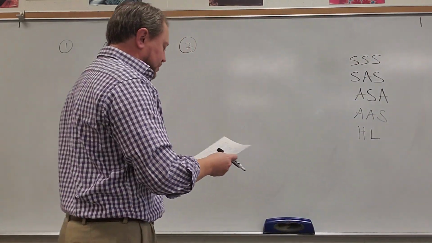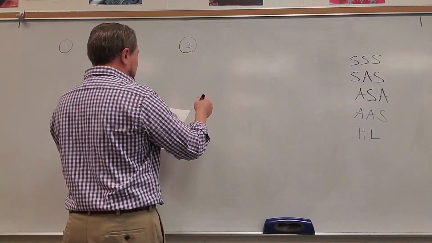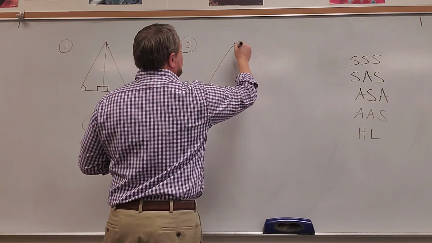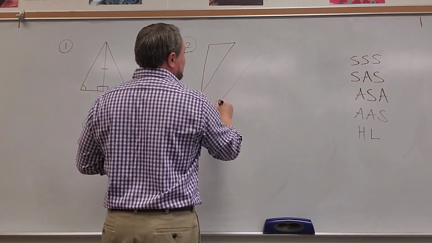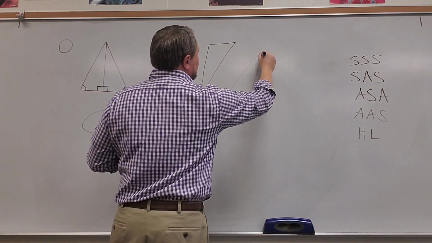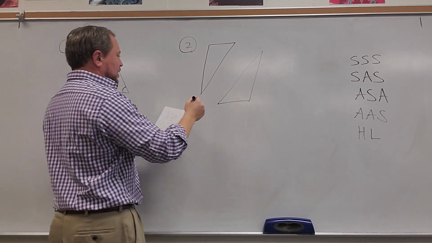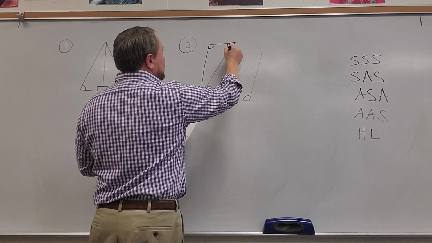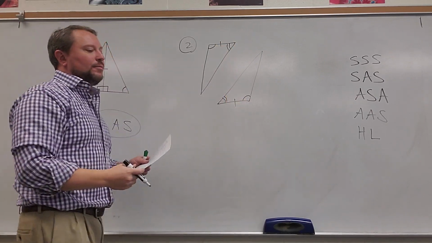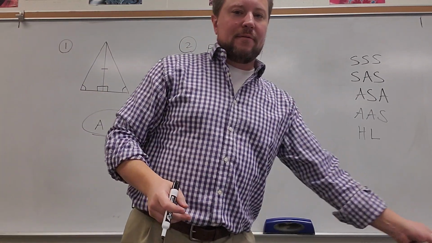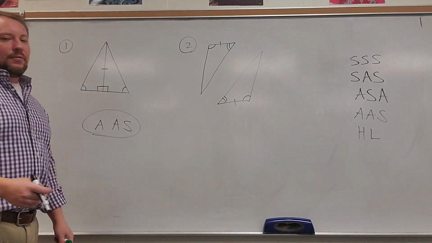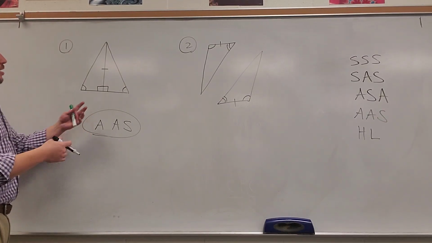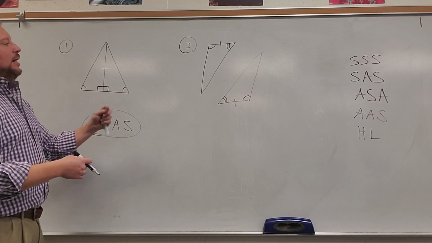Let's see, how about this one? Let's say I've got a triangle here and another one there. And let's say this angle is congruent to that one, this is congruent to that one, and that side is congruent to that one. Kind of like our last problem, we have two angles and a side. See it?